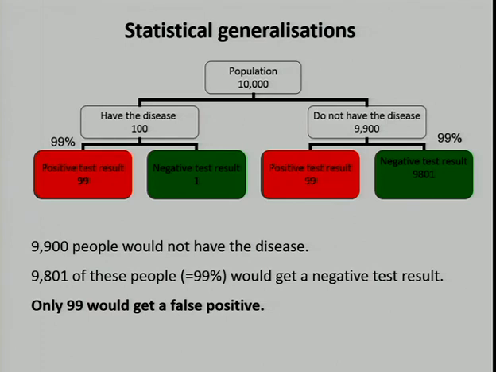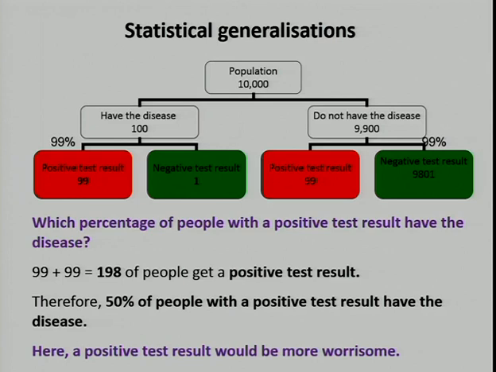For the people who don't have it, which is now a much smaller group, we have 99 with a positive result and many more with a negative result. And then basically what you get, doing the very same thing, adding up the people with a positive result, is suddenly a likelihood of 50%, right?